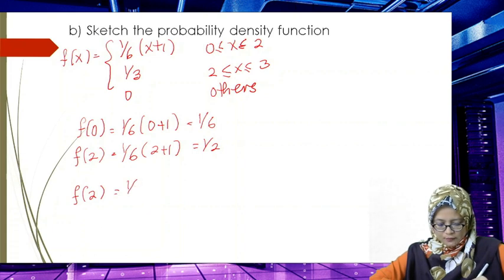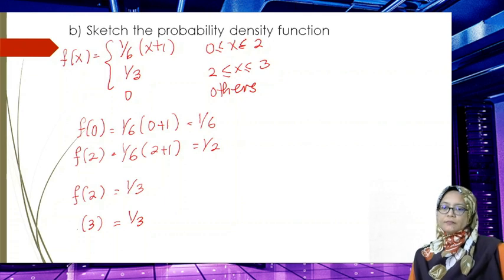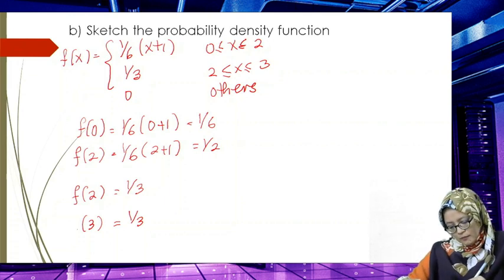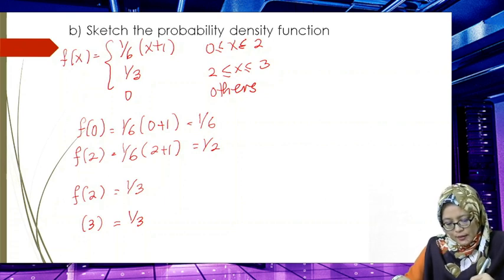So nilai dia 1 over 3. So ganti x3. So nilai dia 1 over 3 juga. Okay, so daripada nilai yang ada ni, kita akan sketch kita punya graph.